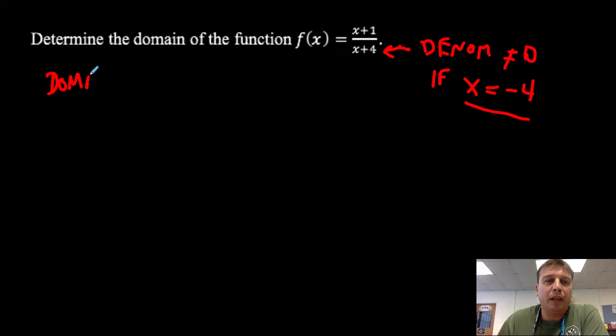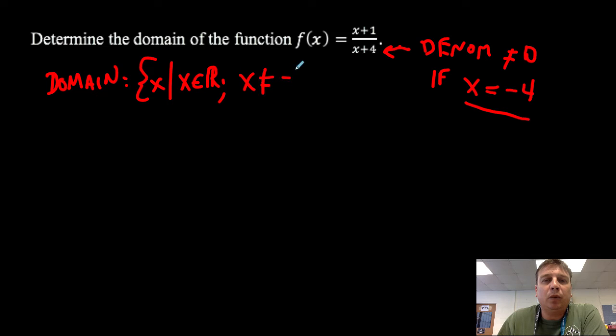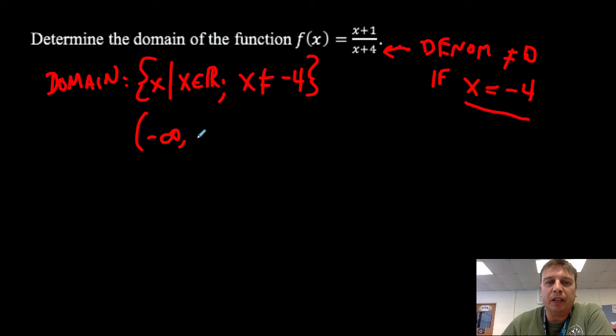So our domain, if we were to say this using set builder notation, is the set of all x such that x is an element of the real numbers, except x cannot equal -4. Now if I try to show this in interval notation, again we start with the lowest value of the domain, so the lowest value of the domain is -infinity.